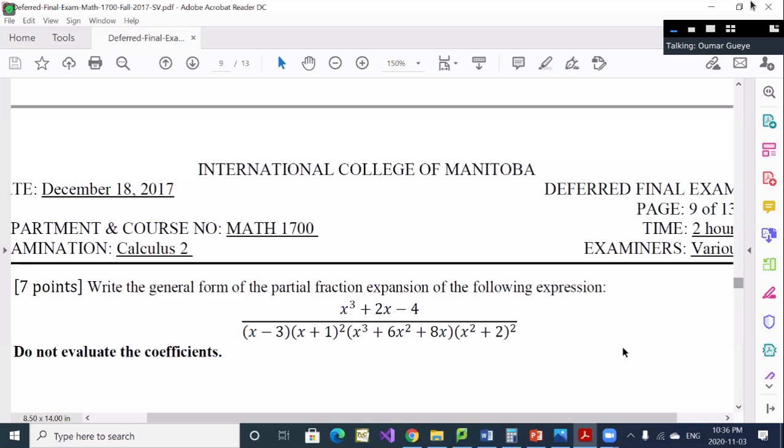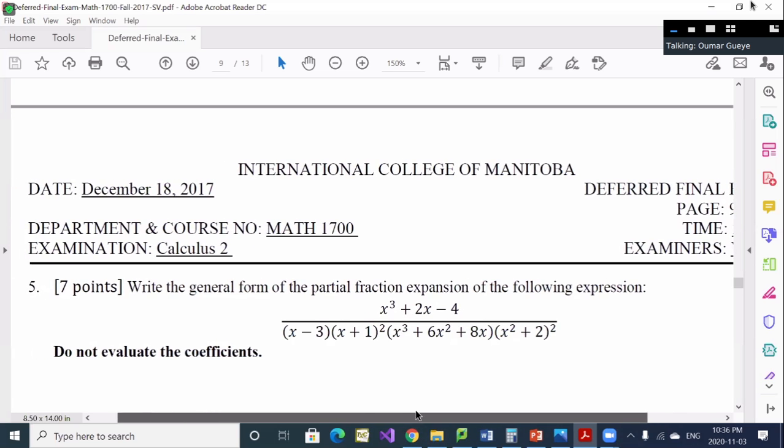fall 2017. All right, you guys have here your rational function, and the two conditions are satisfied because this is degree 3. When you expand this part, it's going to be for sure more than degree 3. Okay, so as the question mentioned, you only need to find the partial fractions decomposition, or expansion, it's the same thing, without calculating any of the coefficients.